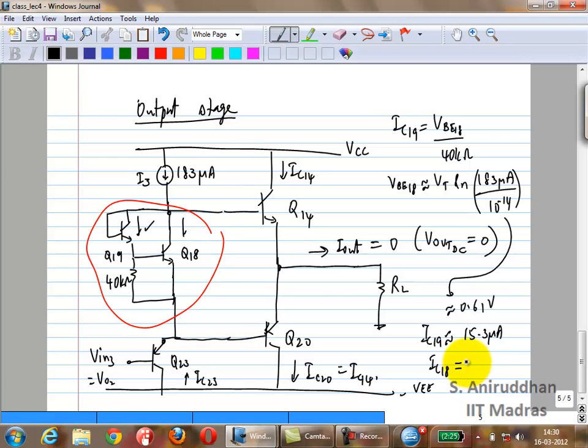Something like 150? Sorry, 160? 167.7. Is that right? Okay. So now, of course, it's slightly different from the 183 you assumed at first. So use this 167.7 to recalculate IC19. Right? Find out what that is.